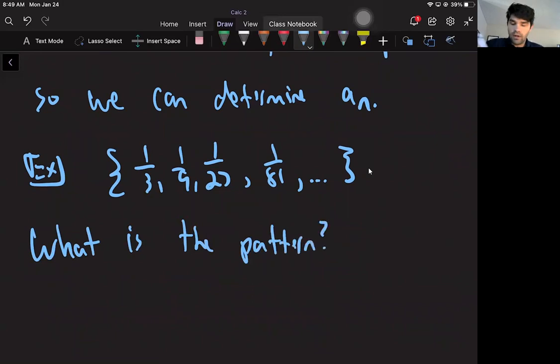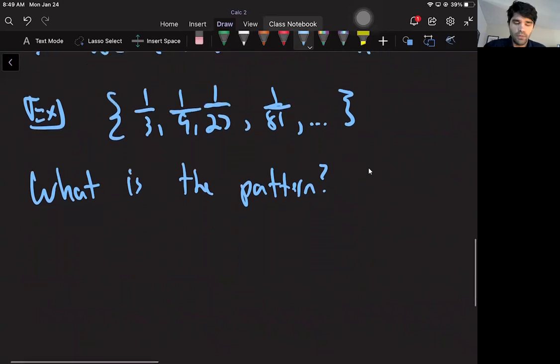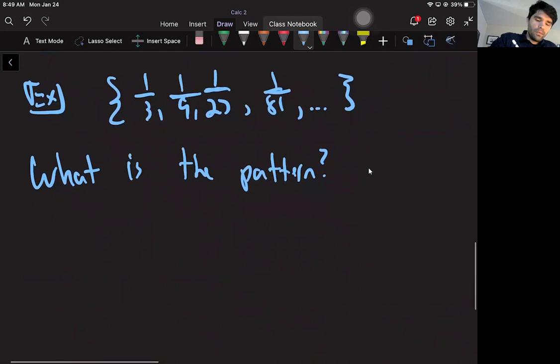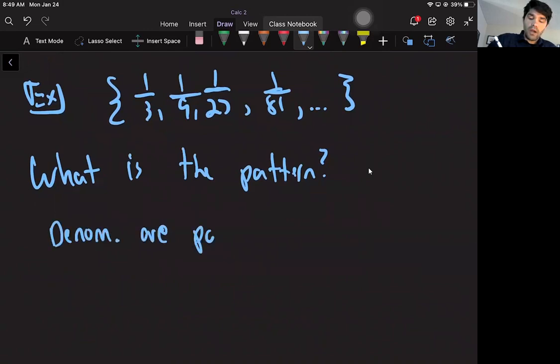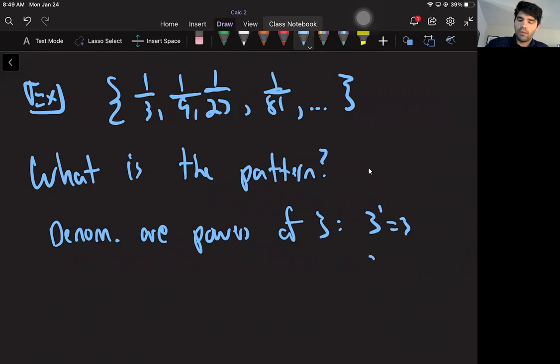And that often is a good starting point, just thinking about it verbally, like what the heck is going on here? So the denominators are powers of 3, right? We got 3 to the 1, which is 3. We got 3 to the 2, which is 9. 3 to the 3, which is 27. 3 to the 4, which is 81.